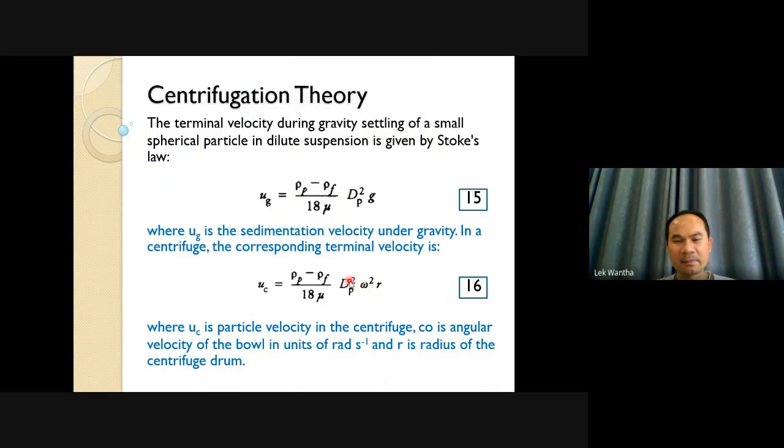Omega is the angular velocity, mostly in radians per second, meaning rotations per unit time, how long one rotation takes. This is multiplied by the radius of the centrifuge.